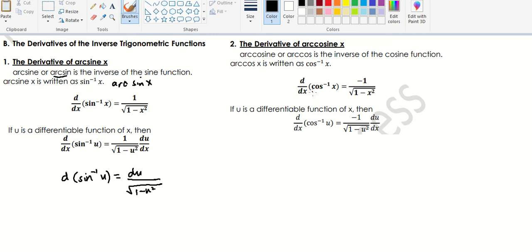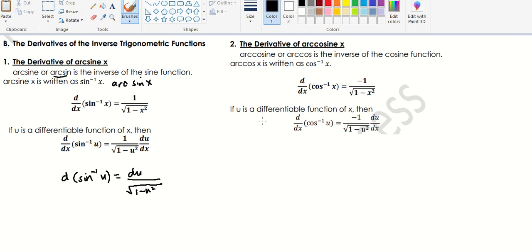It says here that if we have the derivative of arc cosine x, we will have negative 1 over square root of 1 minus x squared. As you can see here, parehas lang siya ng ating arc sine x. Ang kaibahan lang ay yung kanyang sign. Alright? Kasi nga, di ba yung sa ating pong sine, ang derivative ng ating sine x ay positive cosine x. Then, ang derivative naman ng ating cosine x ay negative sine x. So, ipagpalagay nyo lang na gano'n para hindi kayo malito.